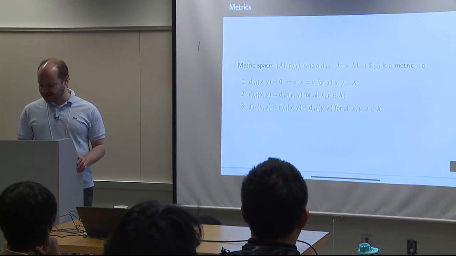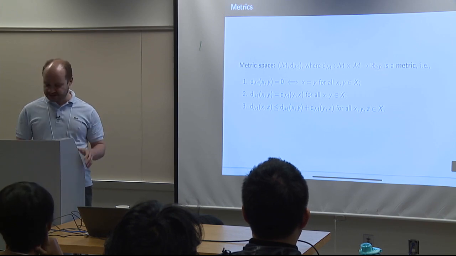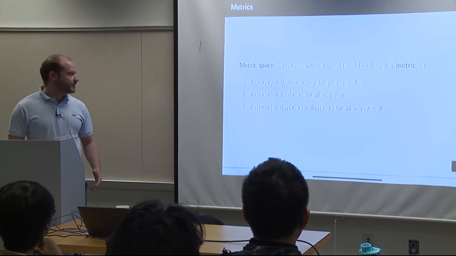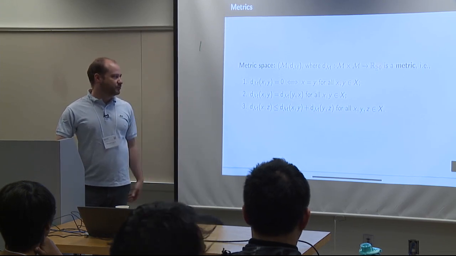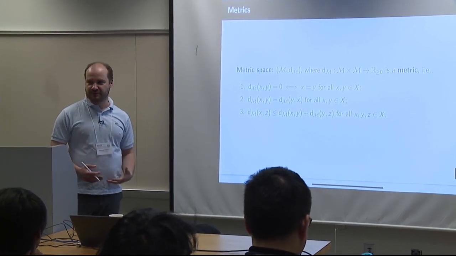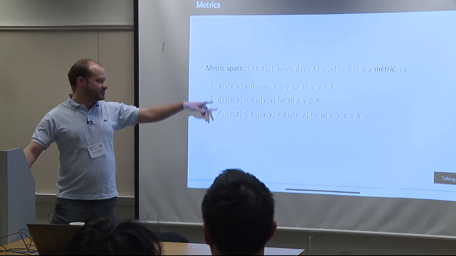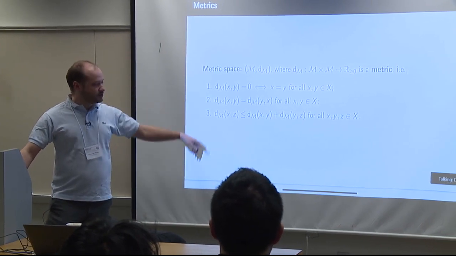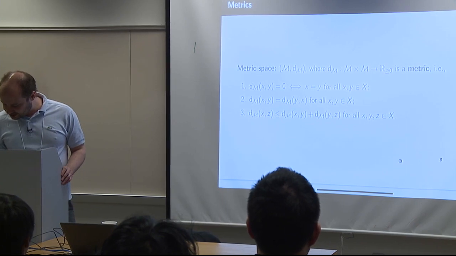It assigns a non-negative number to a pair of points, and it must satisfy these 3 properties, which I think is what you would write down if you try to write down axioms for what it means to be a distance. So the only way to have distance 0 is if the 2 points are the same, the distance is symmetric, and I guess the most interesting one is the triangle inequality.